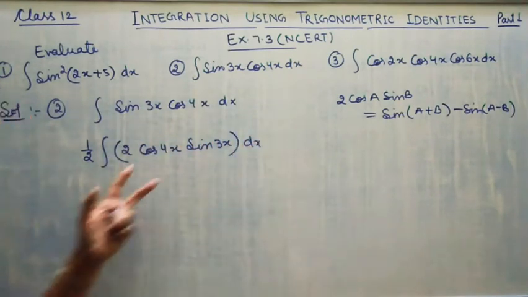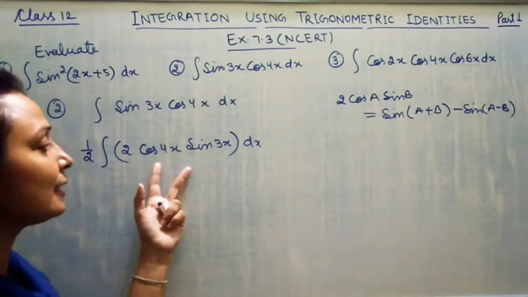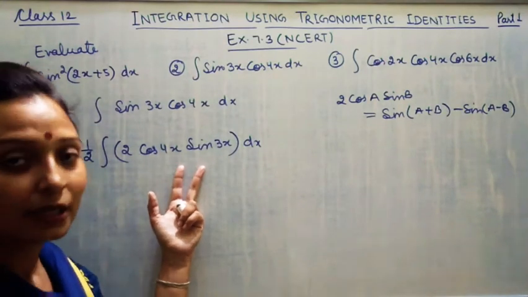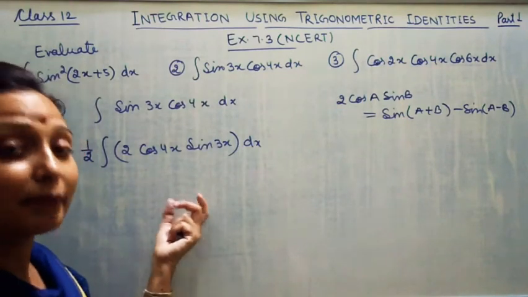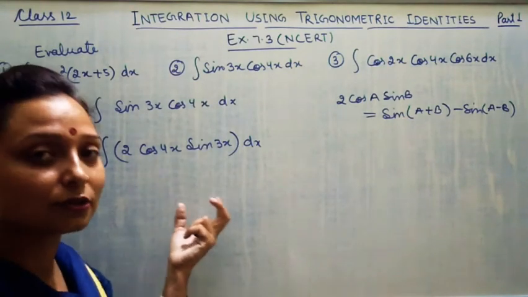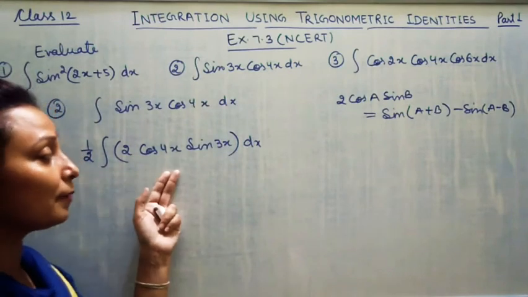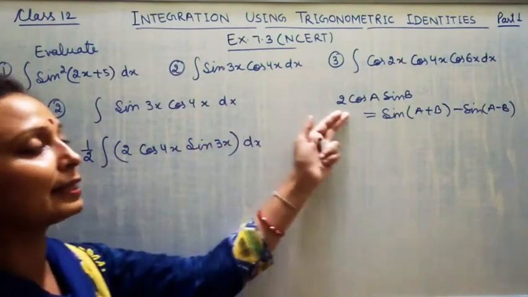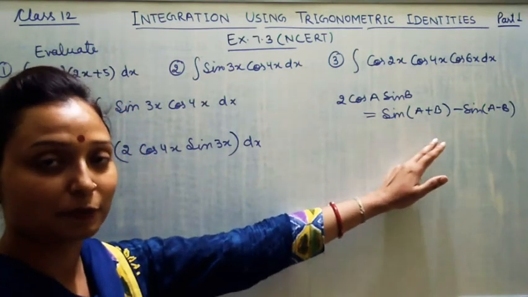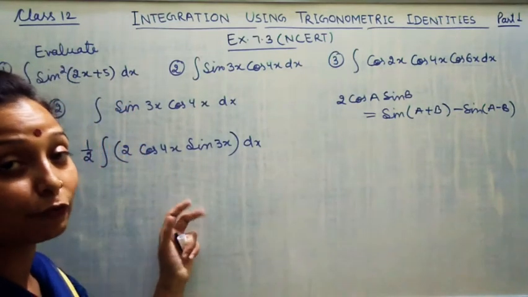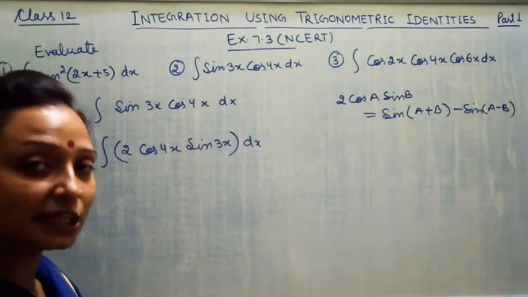Because there is no direct procedure to find the integration of this product, to make it simple we will apply the formula so that there is an addition or subtraction sign between the two, and we will get the integration easily.